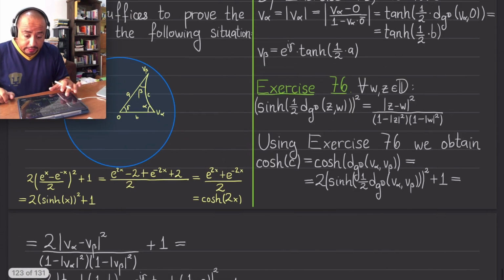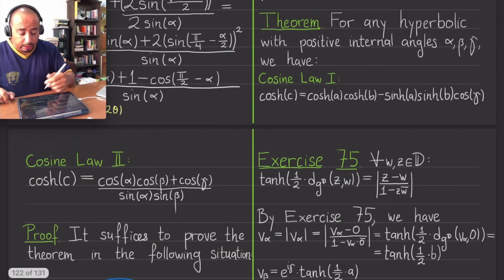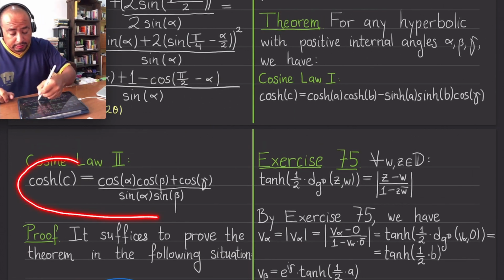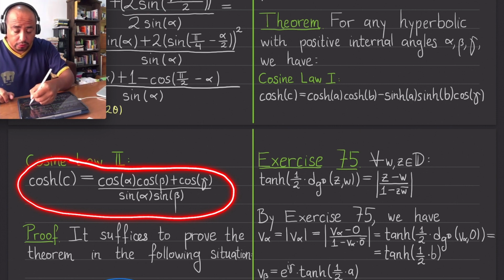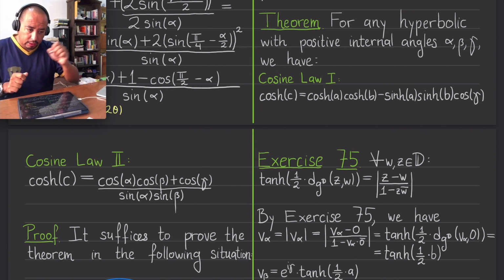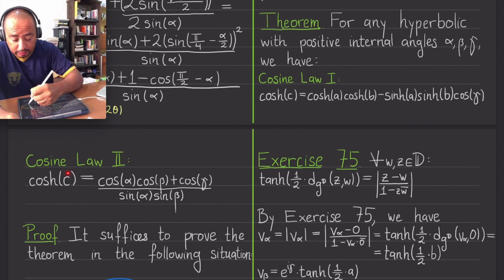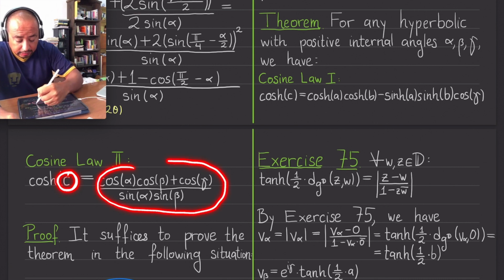The point, maybe the main point, is what the second cosine law tells you. So the second cosine law tells you, draw your triangle, and you see, in order to know the length of this side, all you need to know is the internal angles, right?